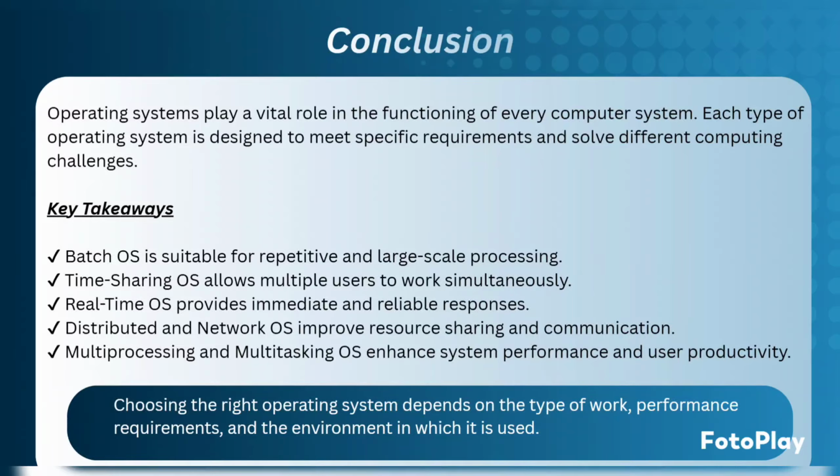Real-time OS provides immediate and reliable response. Distributed and network operating systems improve resource sharing and communication. And last but not least, multiprocessing and multitasking operating systems enhance system performance and user productivity. Choosing the right operating system depends on the type of work, performance requirements, and environment in which it is used.